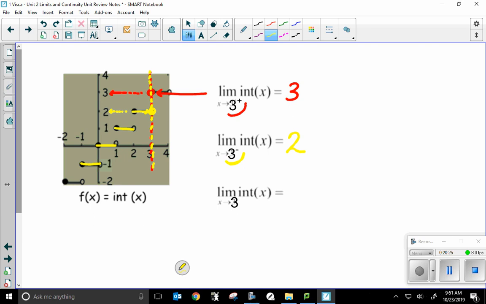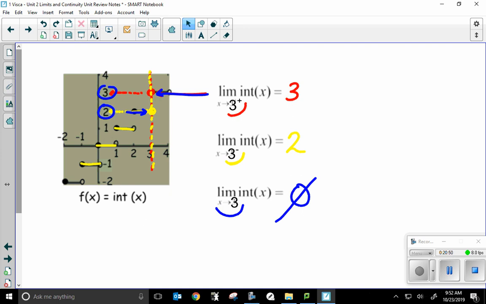Now, not from left or right, from both sides: as I approach it from the right, it's 3. As I approach it from the left, it's 2. It does not exist unless those are the same numbers. It has to approach the same value from both sides.